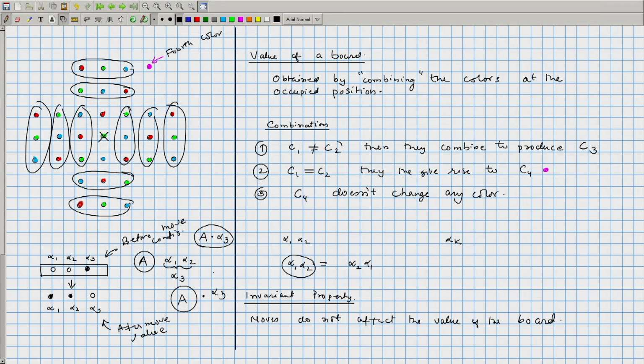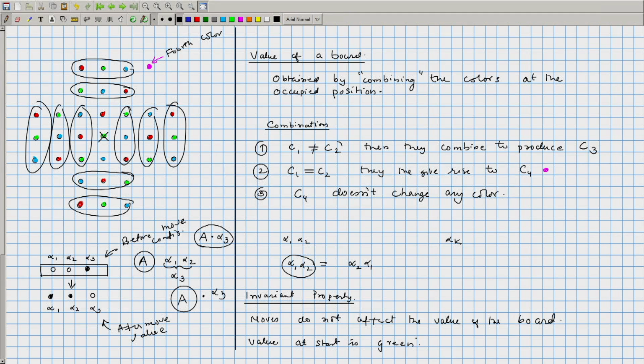So you look at any individual move, that does not change the value of the board, and we argued that at the start the value is B. Okay. So after any move, no matter what move you perform, in what order you perform, the value of the board should still remain B or green. Okay. So if you call this the green position, the value of the final board should be green.